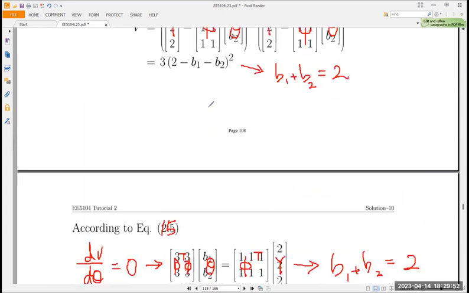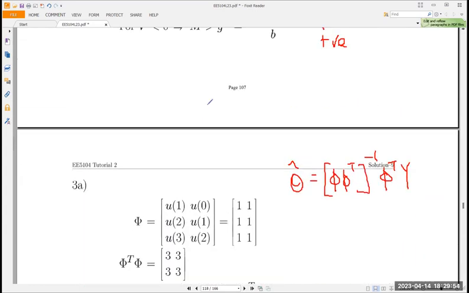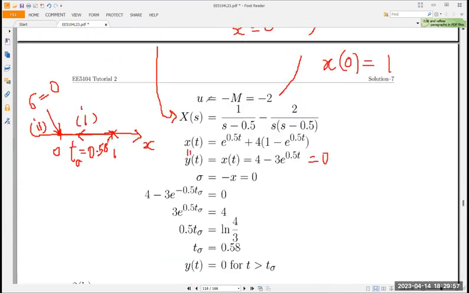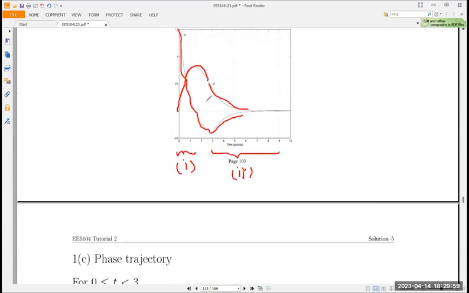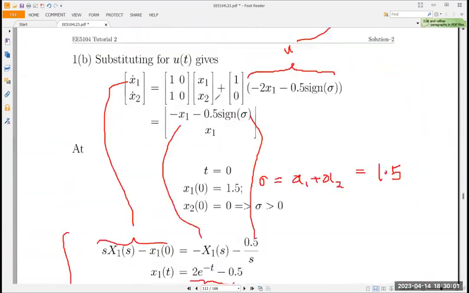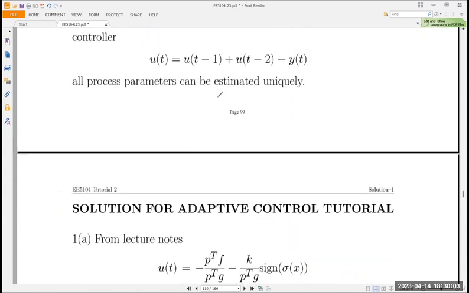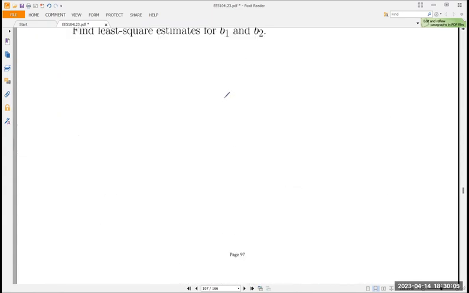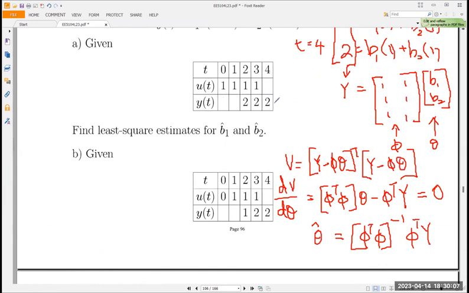Then, question 3b shows you that if the signal is slightly different, so this tutorial question basically tells you that whether you can identify θ, B1, B2 depends on the signal.